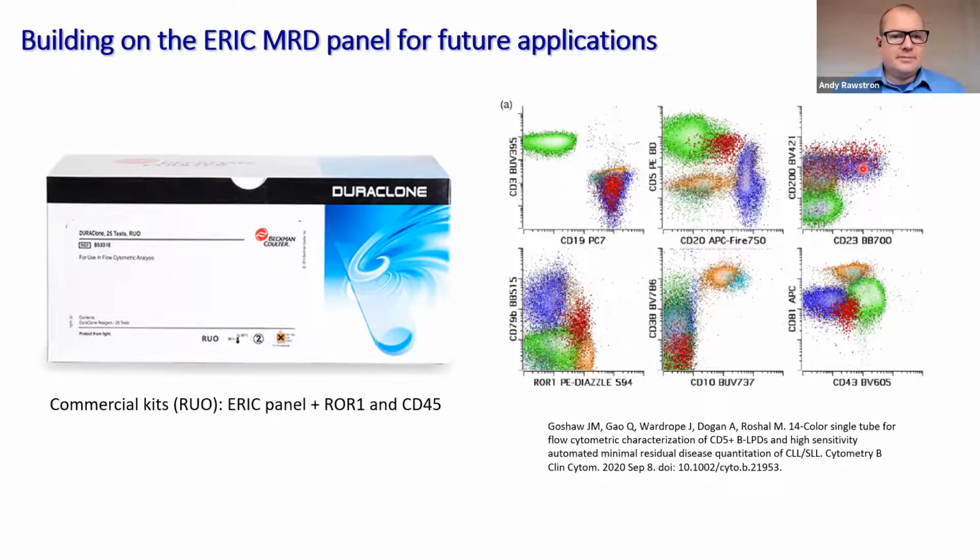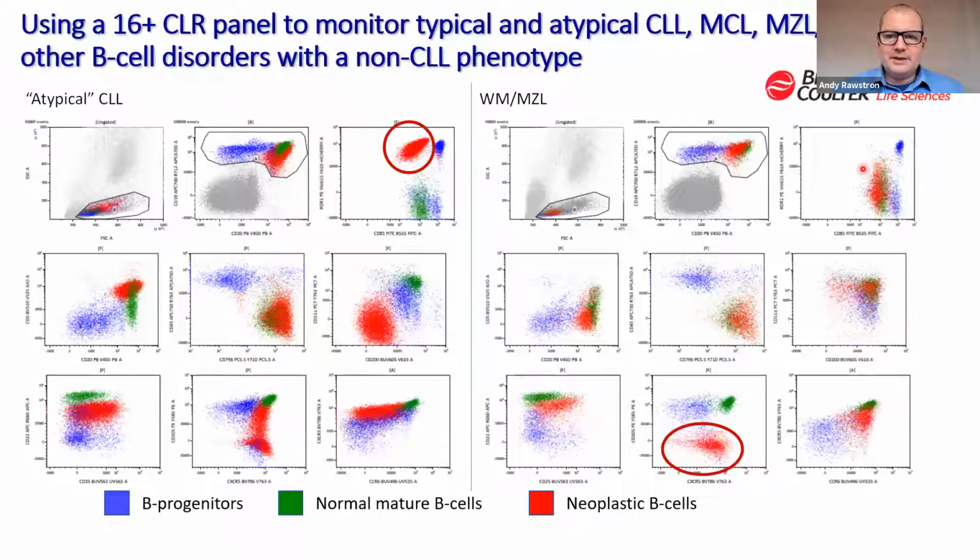And that's our current approach now, where we think flow cytometry is likely to stay for the foreseeable future, but rather than developing whole different assays for different disorders, the simplest thing is possibly to put all of the B cell disorders that we're likely to monitor into a single tube.